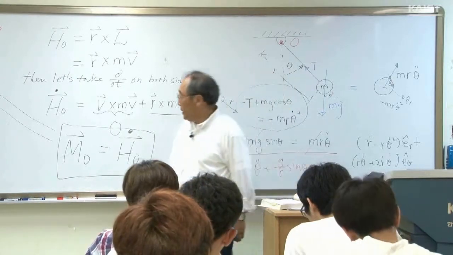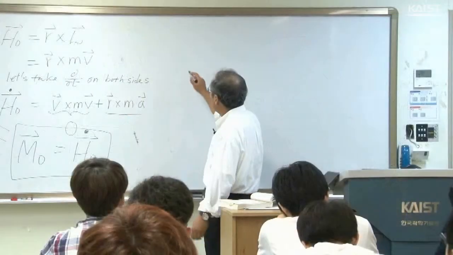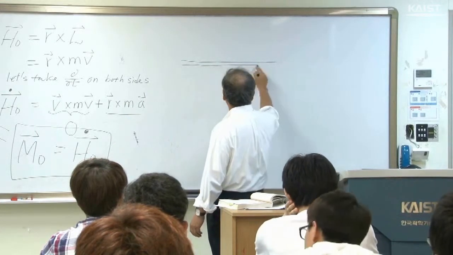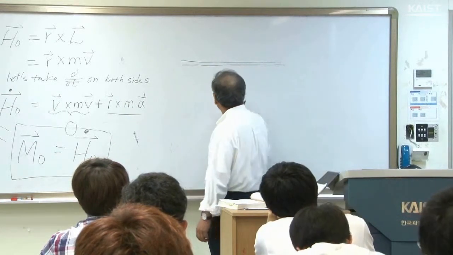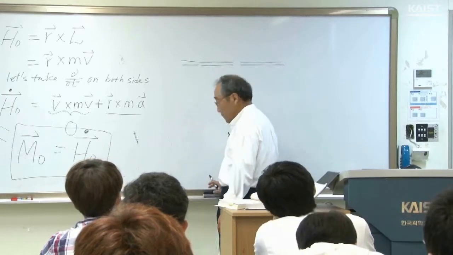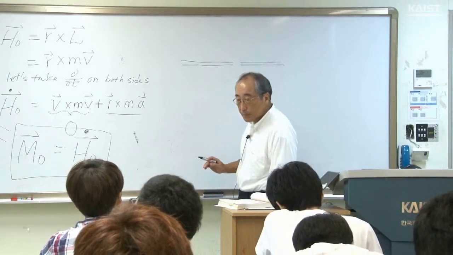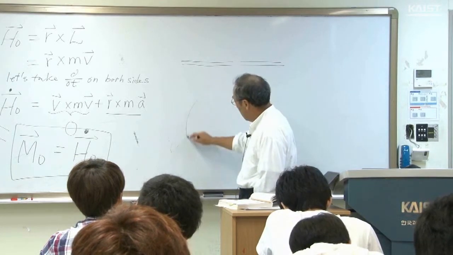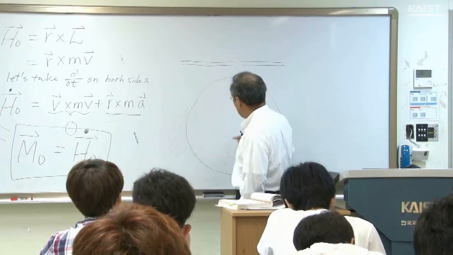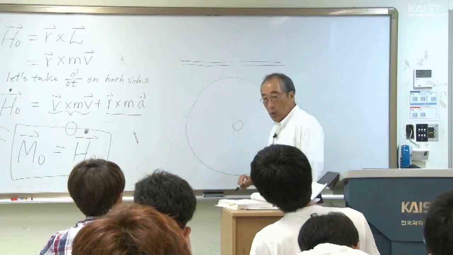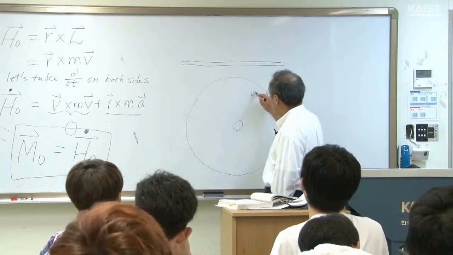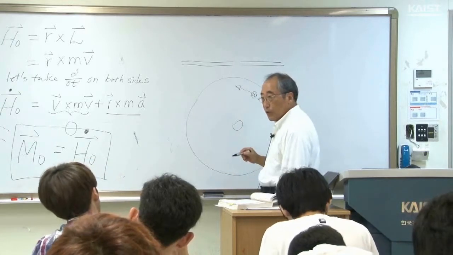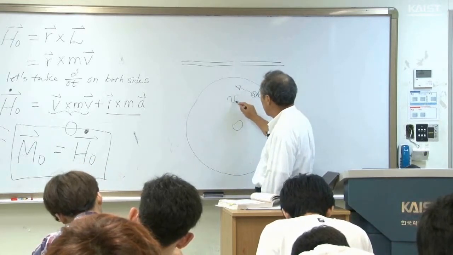Okay, let's see this problem. Here is a frictionless table, and there is some hole. If I look at the ball, there is a table, there is a hole, and this ball is moving in a direction like that with initial velocity v0.